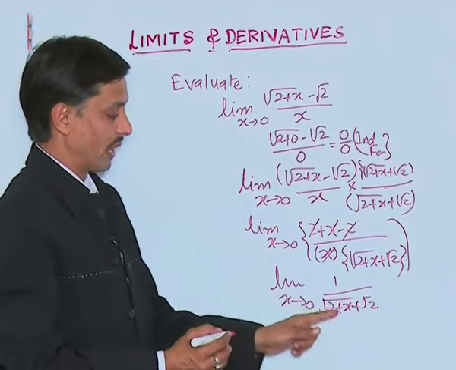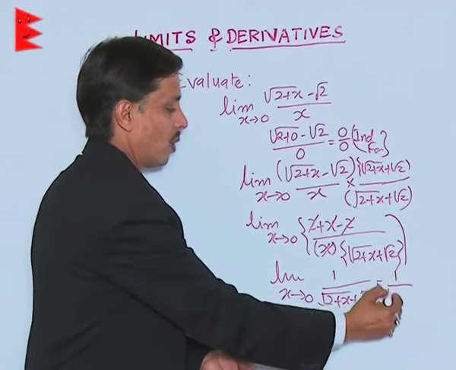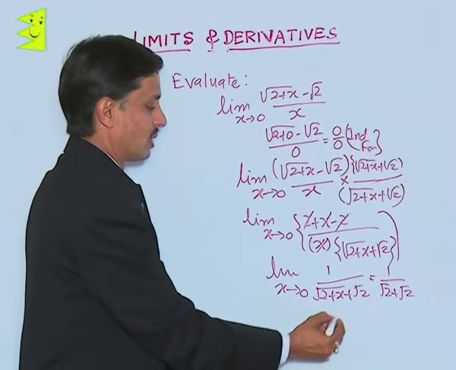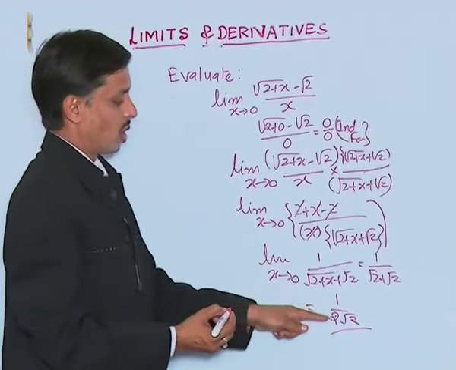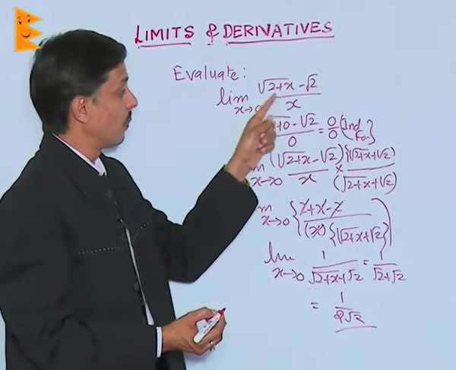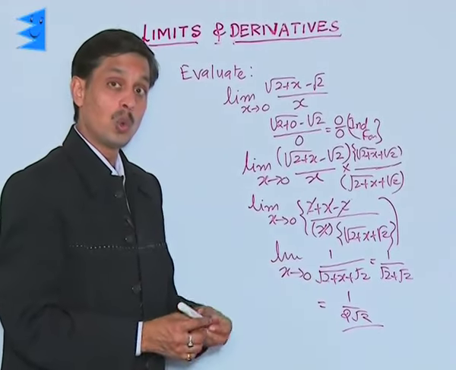Now if we put x equals to 0, this will be 1 upon (root 2 plus root 2). And the final answer comes as 1 upon 2 root 2. The limiting value of the function as x tends to 0 is 1 upon 2 root 2.